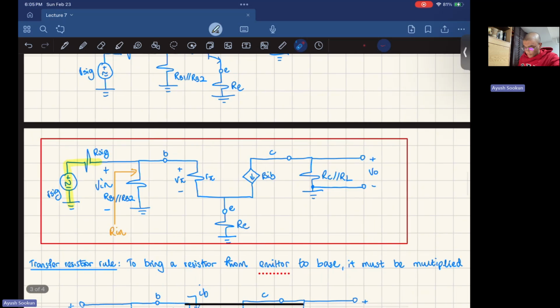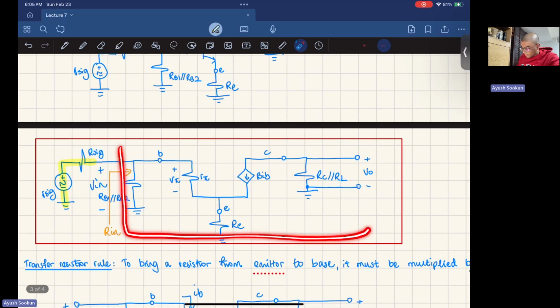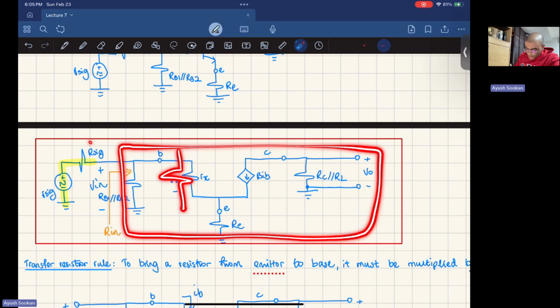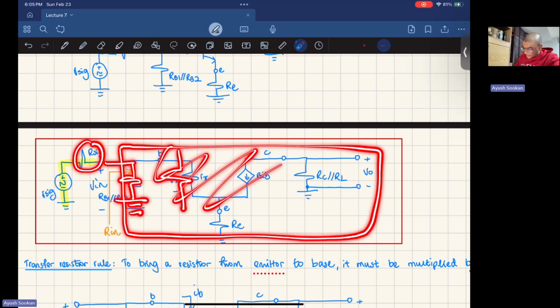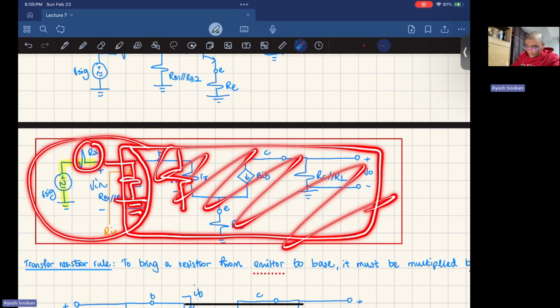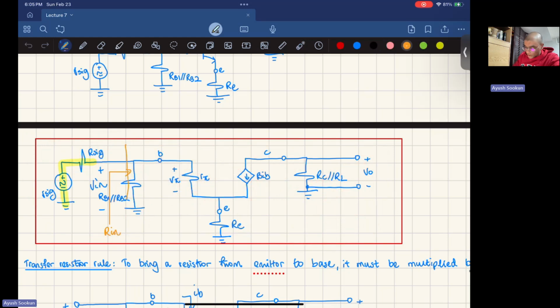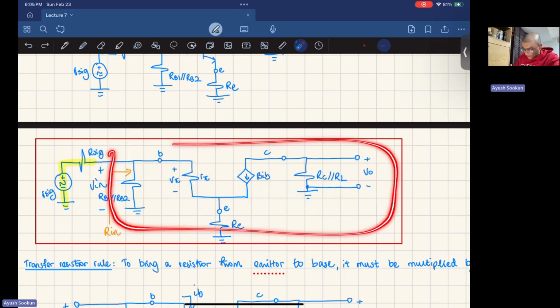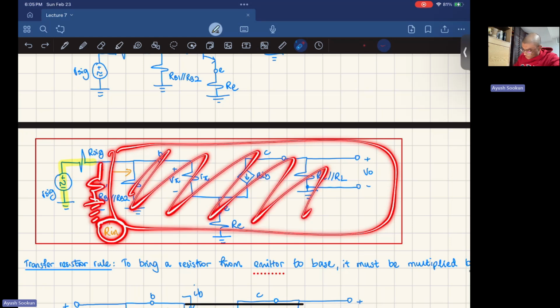So everything here that I'm boxing is a resistor. We can replace it by a resistor. So this R sig is going to be connected to some resistor value and connected to ground, right? All of this can go, and I have only this thing remaining on my circuit. I'm replacing all of this with my input impedance, and it's going to be right here. So all this goes away. Why? Because I replaced it by the input impedance that I computed.